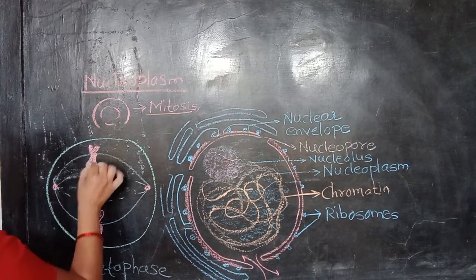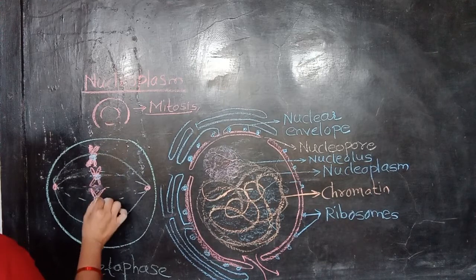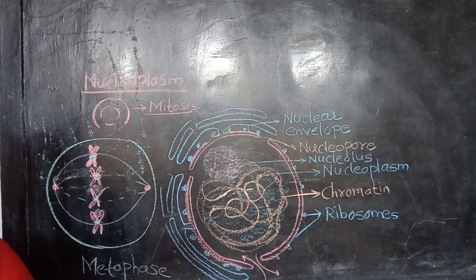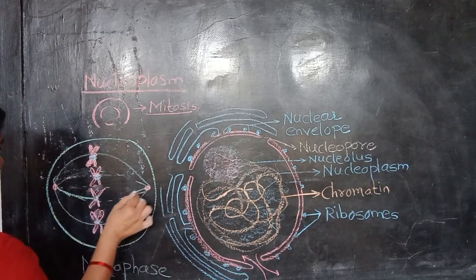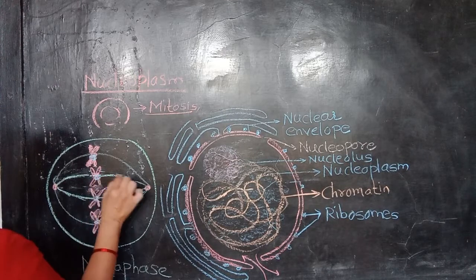Chromosomes appear in the metaphase stage of cell division. So this is the diagram of metaphase, and in metaphase chromosomes are clearly seen inside the cell.